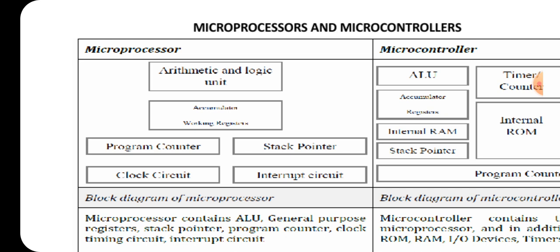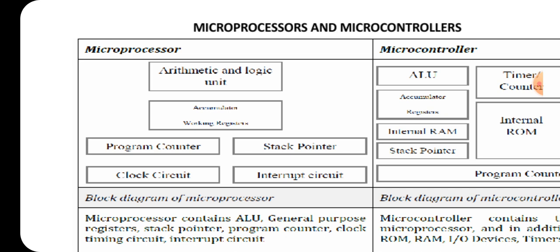For example, the personal computers or laptops you have have a CPU, the processor inside. That processor can be used to perform any of the operations. It is not used for any dedicated task or specific purpose.